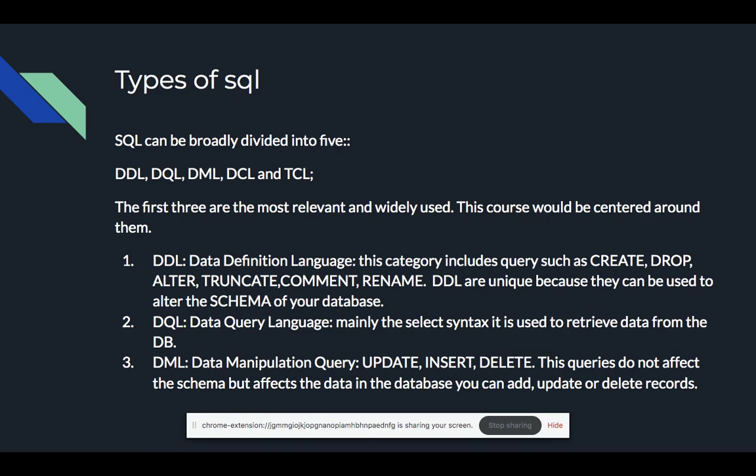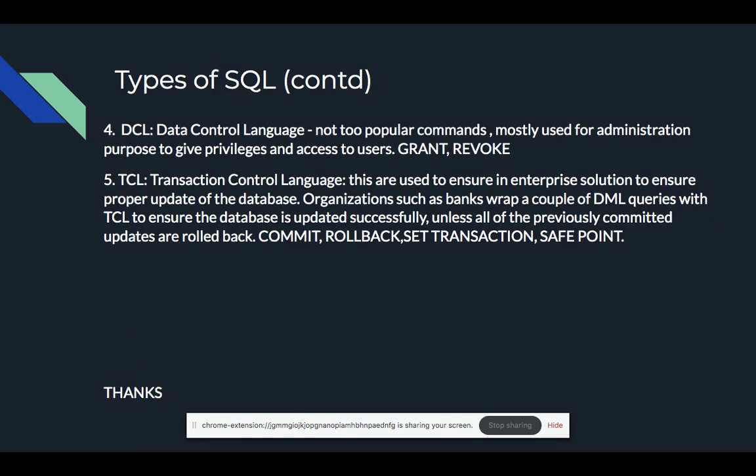Now, if you look at this, we've done three to four queries put together. What happens if one of those queries breaks down in between, maybe due to network failure? What that means is that the bank has deducted money from my account, but they've not credited person B's account, which is a problem in this kind of application. So this is where TCL comes in.